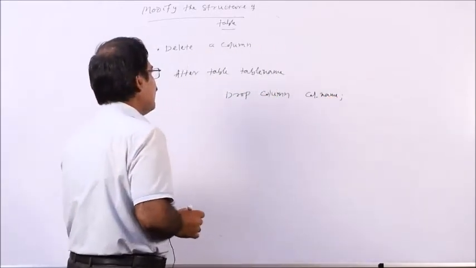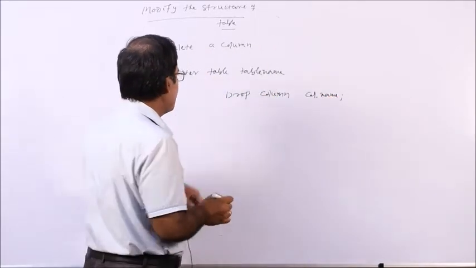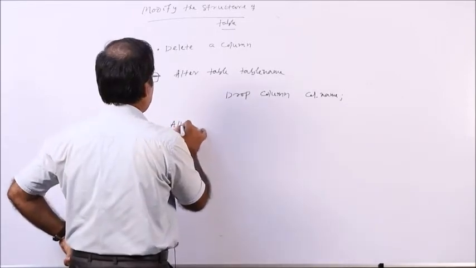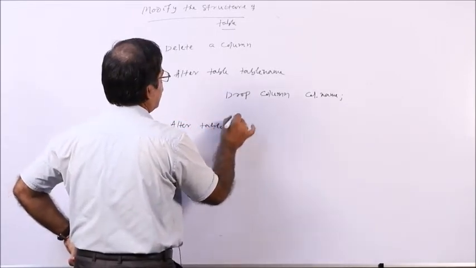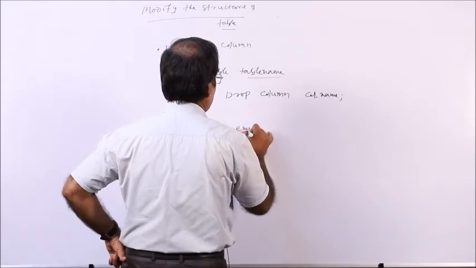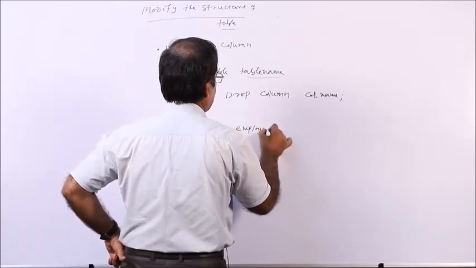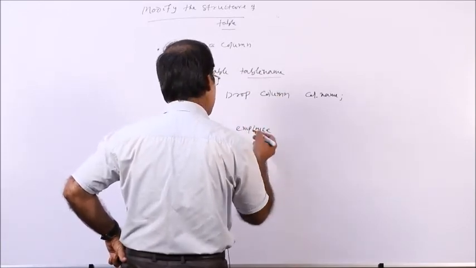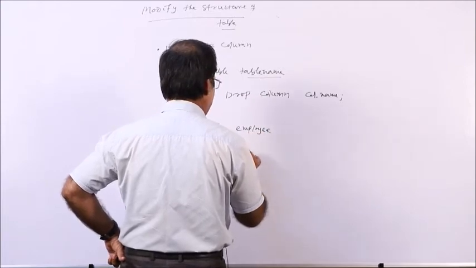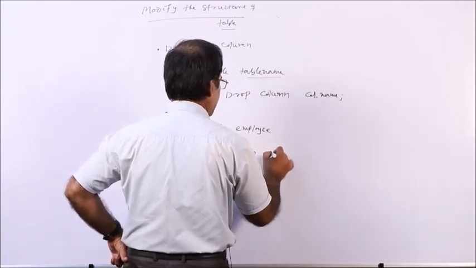Okay. So, alter table name. Suppose I write alter table, and suppose the table name is employee. In the employee table, you alter it. The name of the table is employee. You drop what? Drop 1 column.